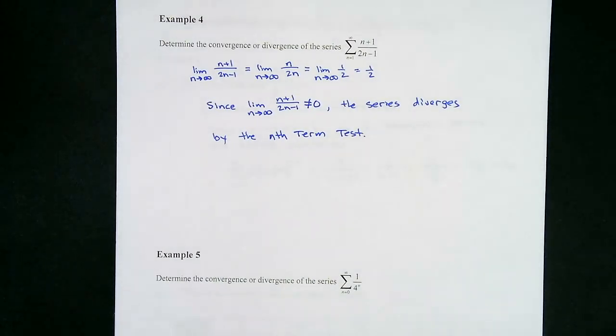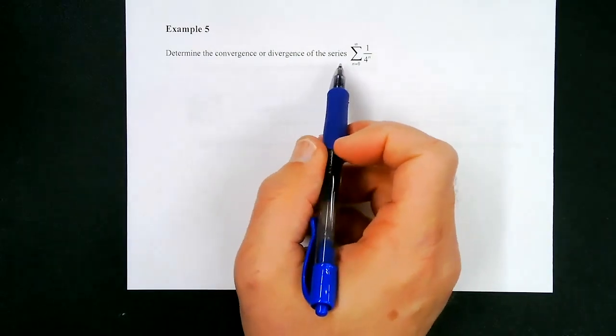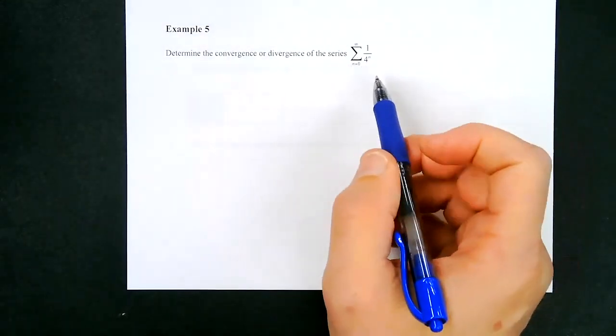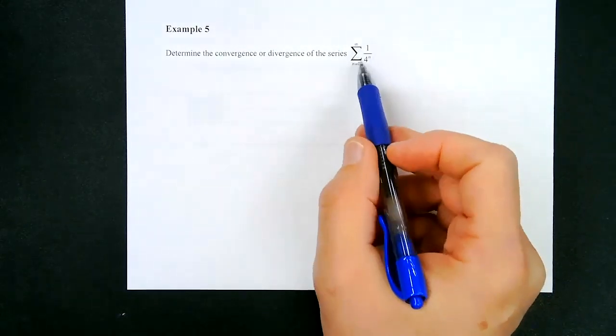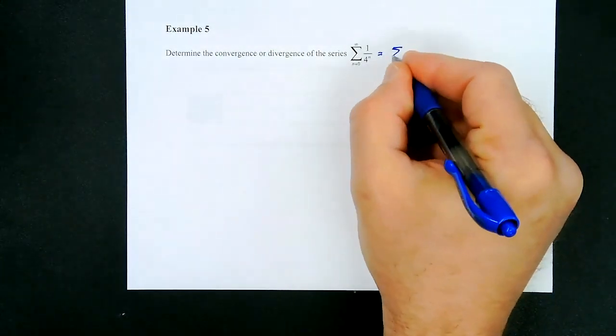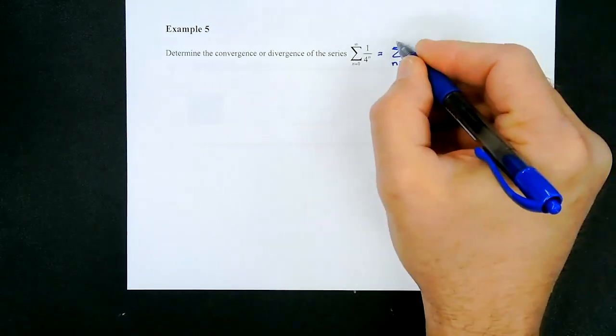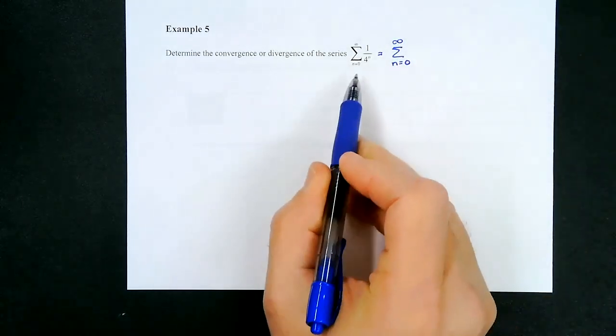All right, let's do one more problem. We want to determine the convergence or divergence of this series. What we have to recognize is that we can rewrite this. So this is the same as the sum from n equals 0 to infinity, because this one starts at 0.